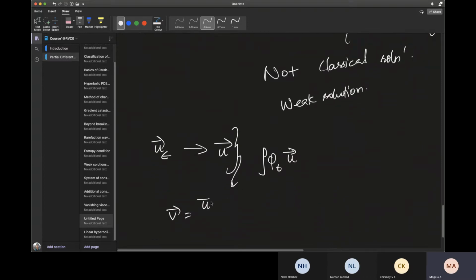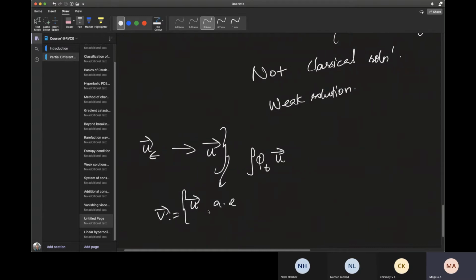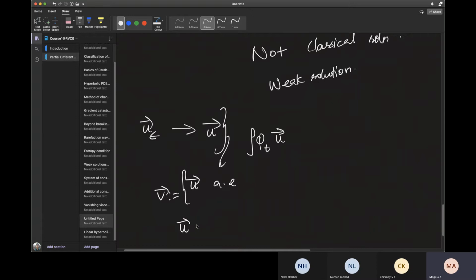V vector equals u vector almost everywhere. This is the definition for v vector. And u vector is a different thing. U vector is different from v vector, okay? Because we have this thing called almost everywhere. So except at certain points, v vector equals u vector.